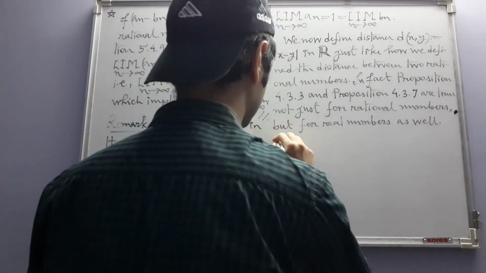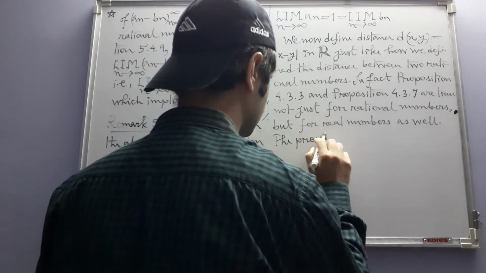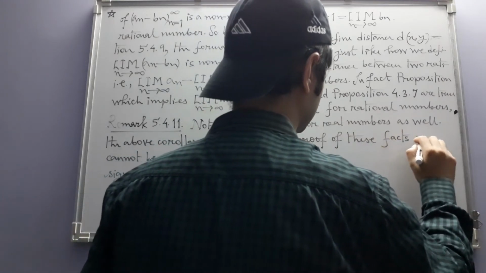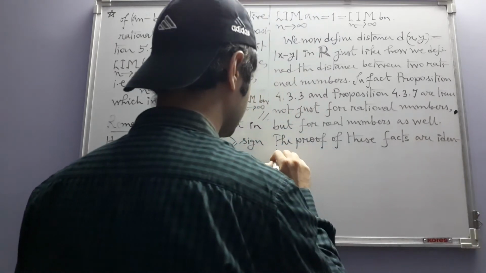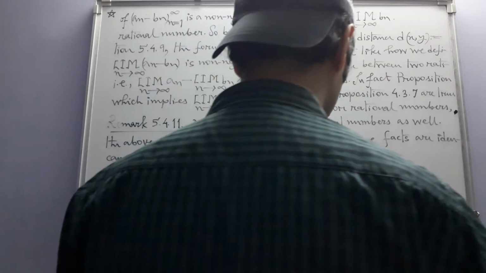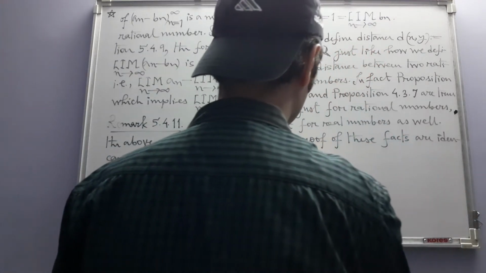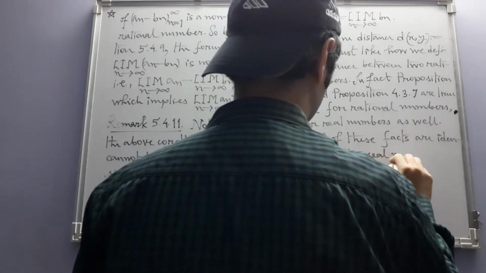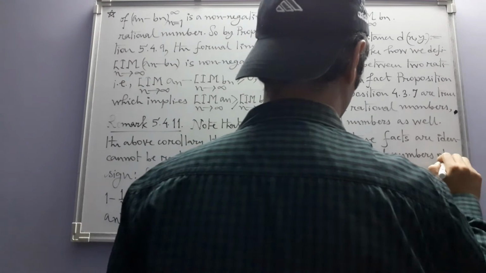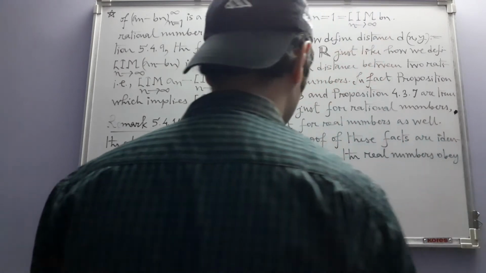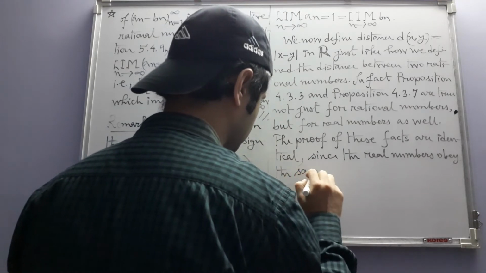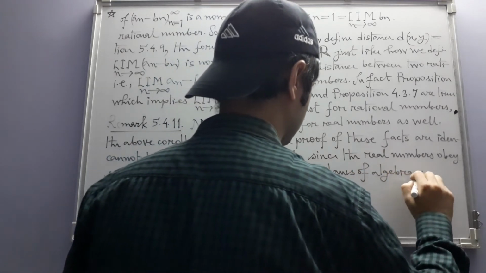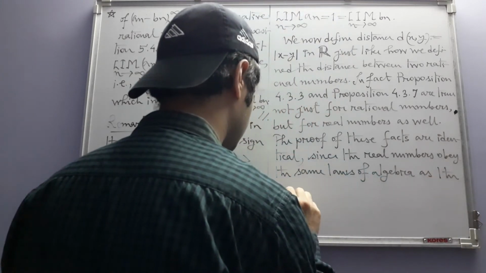And the proofs of these facts are identical to the proofs of the corresponding facts for the rational numbers, since the real numbers obey the same laws of algebra and order as the rational numbers.